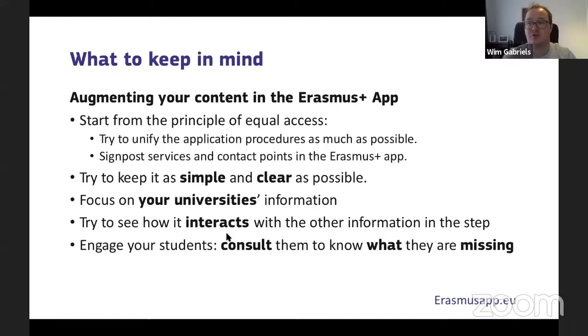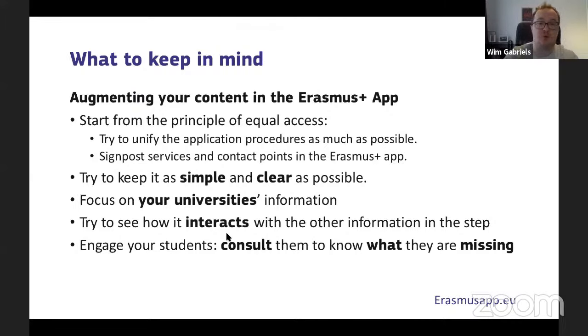I would suggest to try to keep it as simple and clear as possible and focus on your specific university's information, allowing the app and the tips and tricks to do the rest of the work to inform a student's participation. And I would also suggest to see how it interacts with other information in the mobility journey step, and engage your students in actually making sure that the information you're providing is what they are missing.